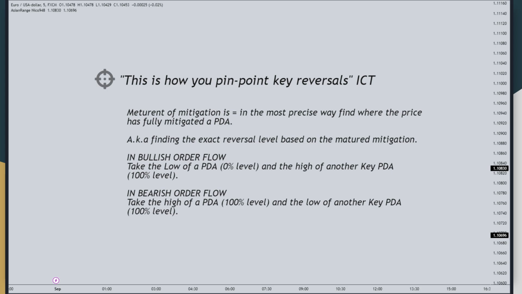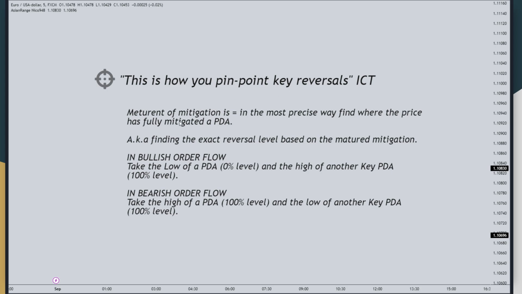This is how you get key reversals in the PDMA matrix, or key entries in a move to liquidity according to the PDMA matrix, like I previously told you, primarily in the PDMA matrix.